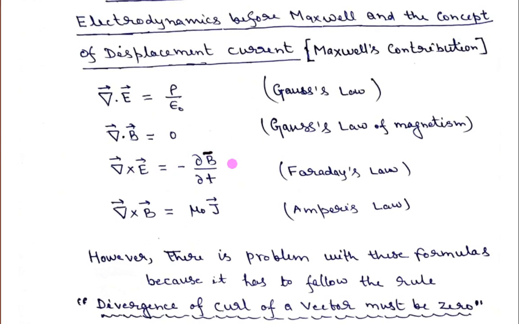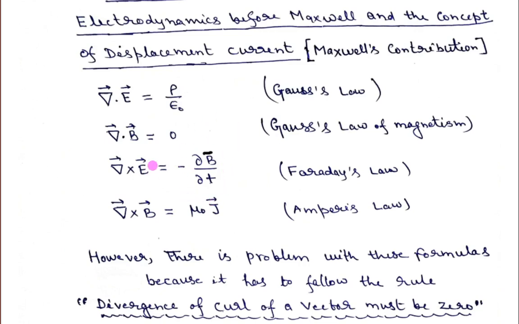In Faraday law of induction, what we have called this is a changing magnetic field. Here the magnetic field is changing with respect to time. So this changing magnetic field induces an electric field, or we have said that a changing magnetic field induces an EMF.